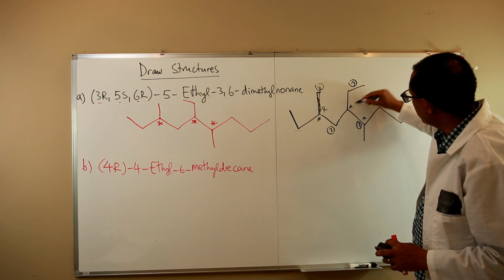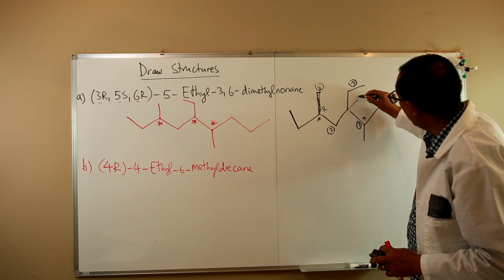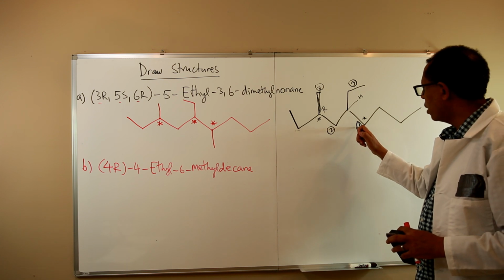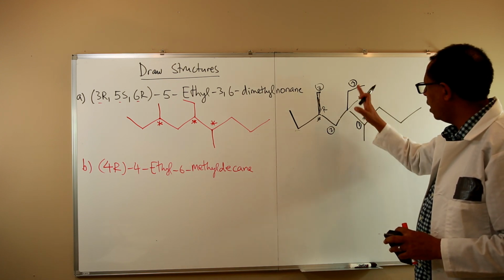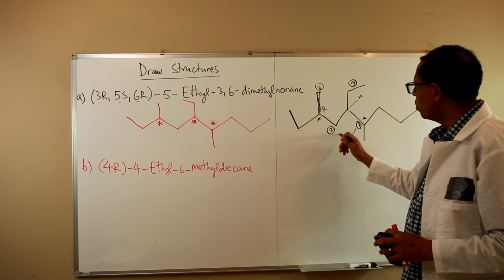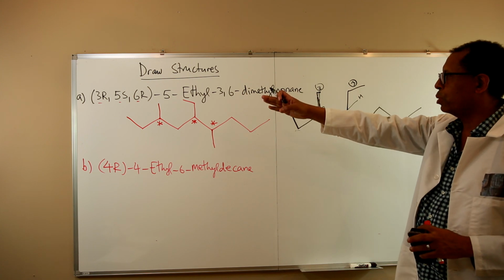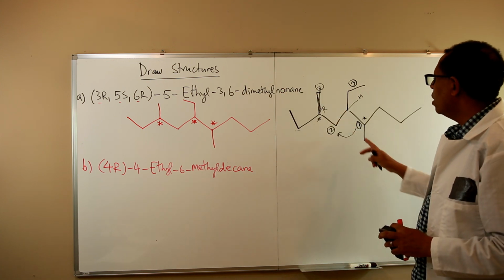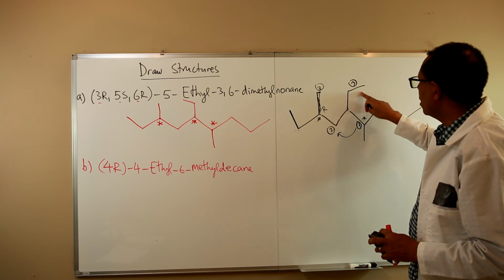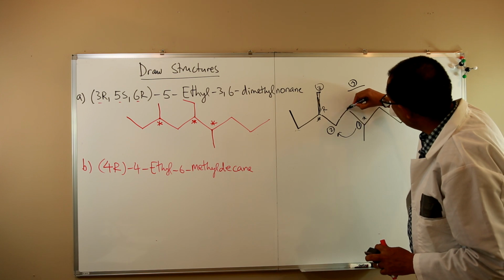The implied hydrogen is here, the 4th one. So if I go this way, while assuming hydrogen at the back and ethyl group coming to me, if I go that way, this is an R, but I'm supposed to give a 5S. So what I'll do is making hydrogen up, but the ethyl group down would give me an S.